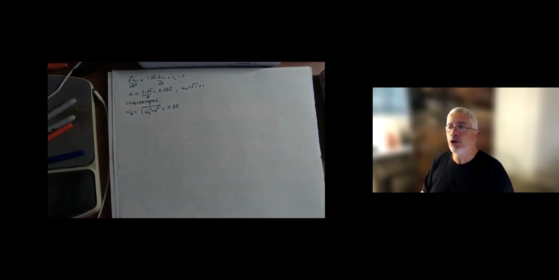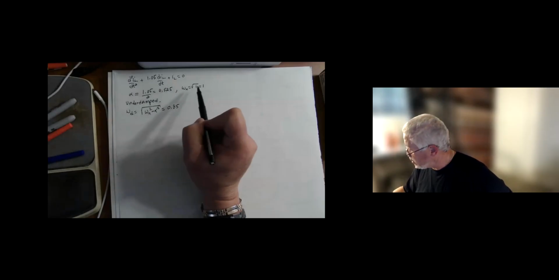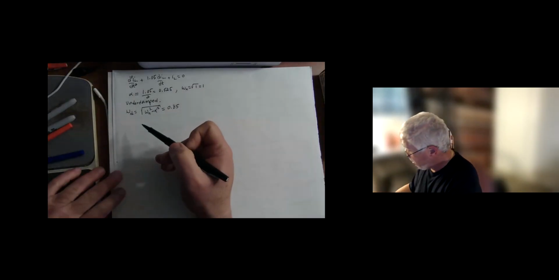So in a separate sheet of paper, to make it a little bit easier to consume here. So we have the differential equation here and identify alpha. Alpha is, again, the coefficient associated with the first order derivative divided by 2. So that's 0.525. And omega n is the square root of the coefficient associated with IL here, which is 1. We've identified that omega n is larger than alpha, so it's underdamped. And then we calculate omega d, which we're going to need here.